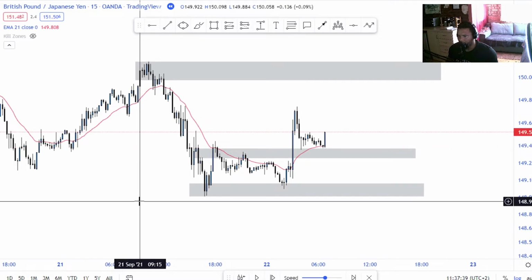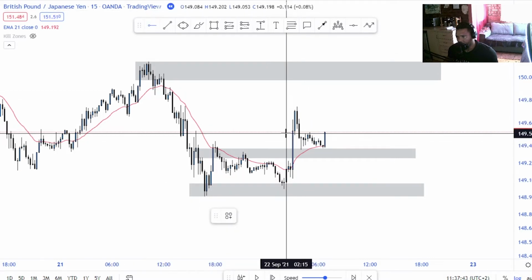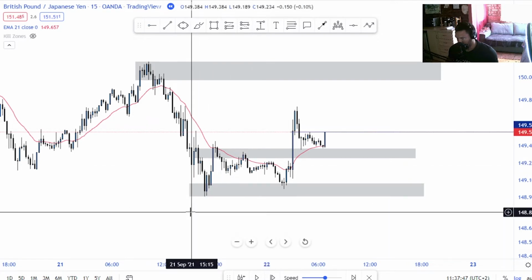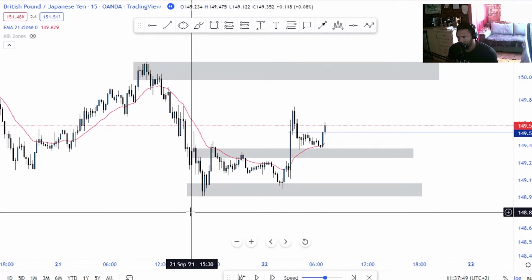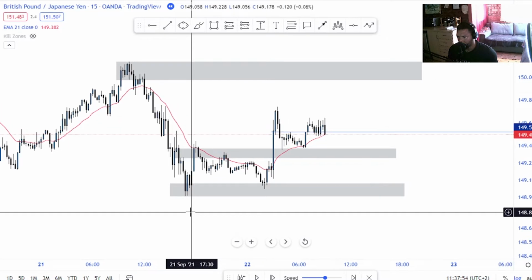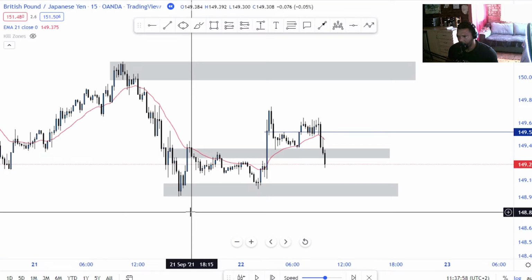Okay, that candle is okay, but guys, I can see we still have this range right here, right? So let's see. Okay, so you guys can see price basically came down again.